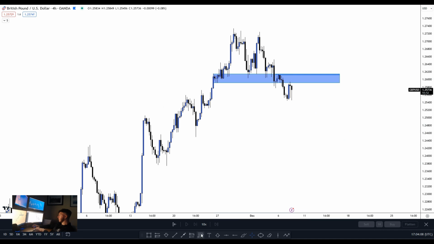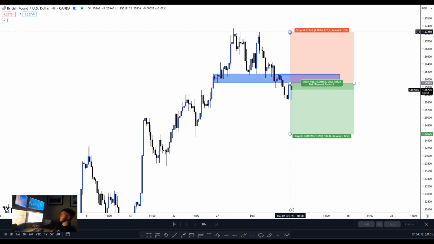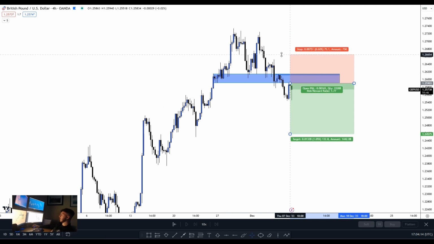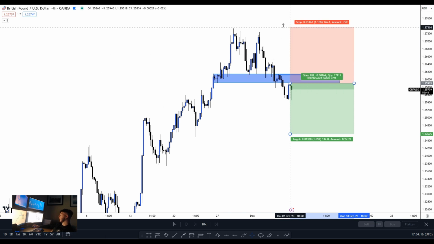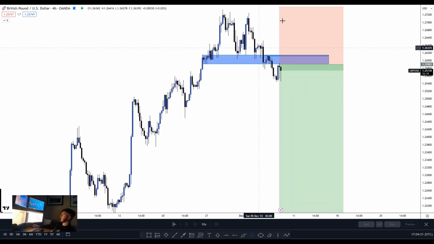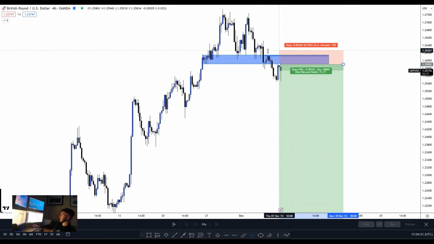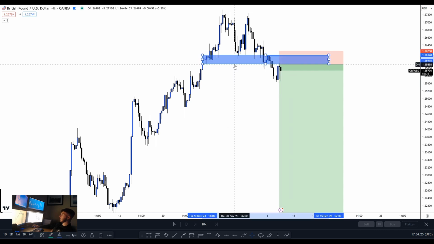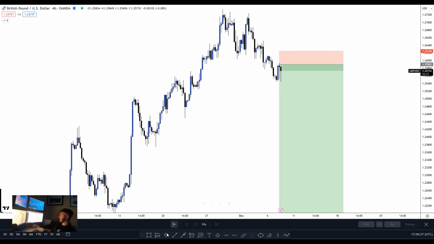Okay, so just based off this example here, you might want to enter with a pending order here, stop loss above the high or below the high here. You could do it here, you could do it above the actual high if you're going for a longer swing, like so. But realistically, guys, what we want to say is that, as we said at the start of the video, if price is now bearish, I am still selling as long as price stays below that level.